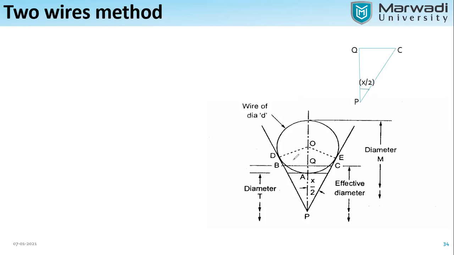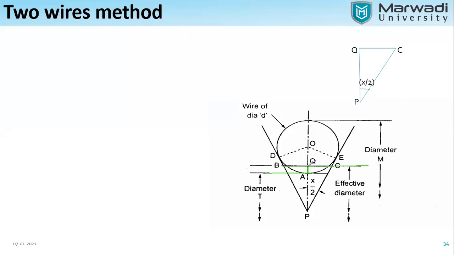Whatever is available on the upside will be the same on the other side. Here you can see a diameter T, which is up to under the wire, and this will be the effective diameter line. Only this gap, the AQ distance, we have to find out.